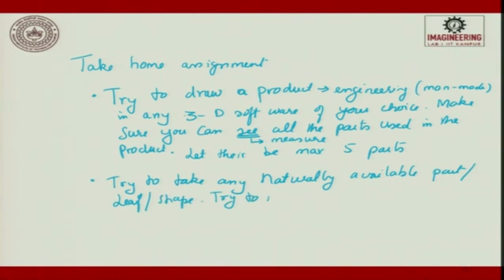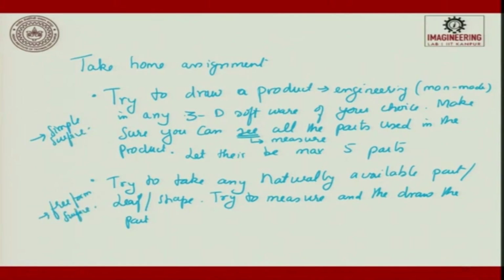Try to measure and then draw the part. So, here you will see it will all be simple surfaces, here it will all be free form surfaces. Now the challenge is you have to measure and then draw. Here you will measure and draw, it will be very easy.